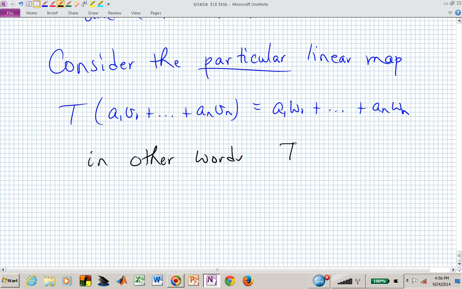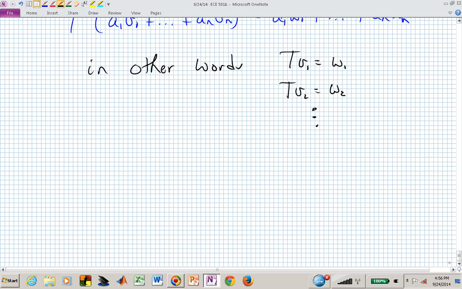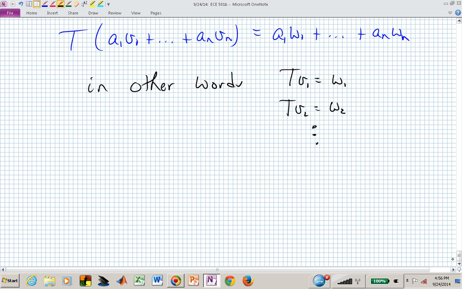That's really saying Tv1 is equal to w1, Tv2 is equal to w2, etc., isn't it? So now we've created this linear map T.